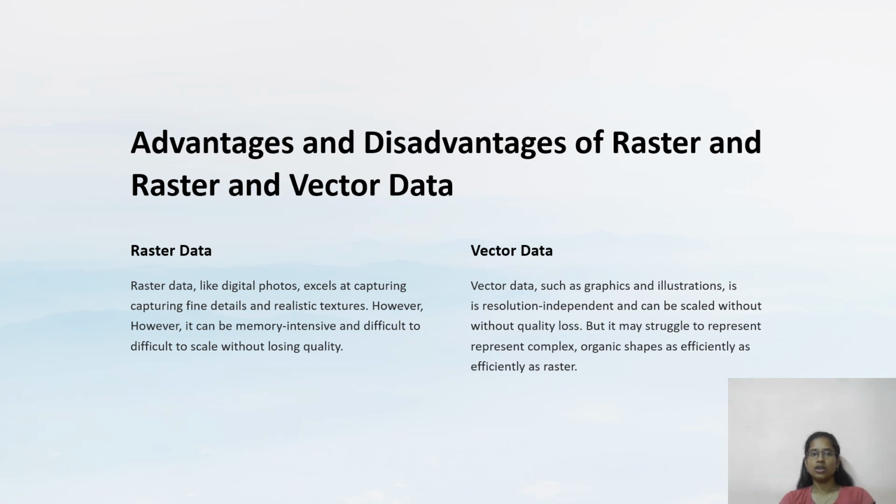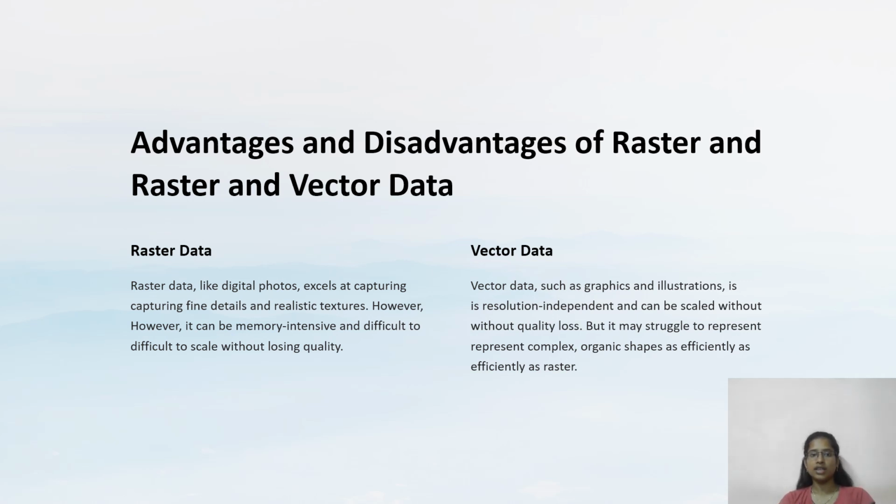We'll see what the advantages and disadvantages of raster and vector data are. Raster data, like digital photos, excels at capturing fine details and realistic textures. Whereas vector data, as in graphics and illustration, is resolution independent, and it can be scaled without quality loss.